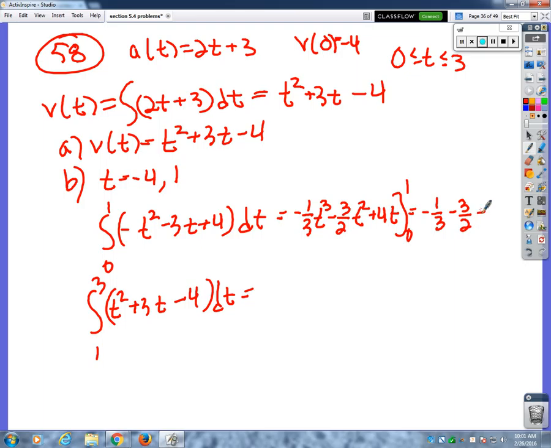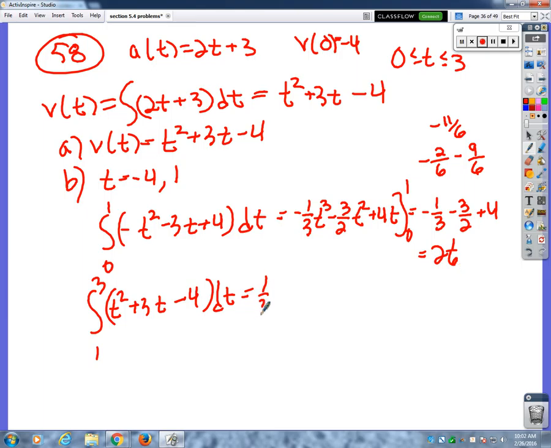I make plenty of mistakes. So negative 1/3 minus 3/2 plus 4. This is going to be negative 2/6 minus 9/6 is negative 11/6 plus 4 is 24/6. So that's 13/6. So is this 2 and a 6?